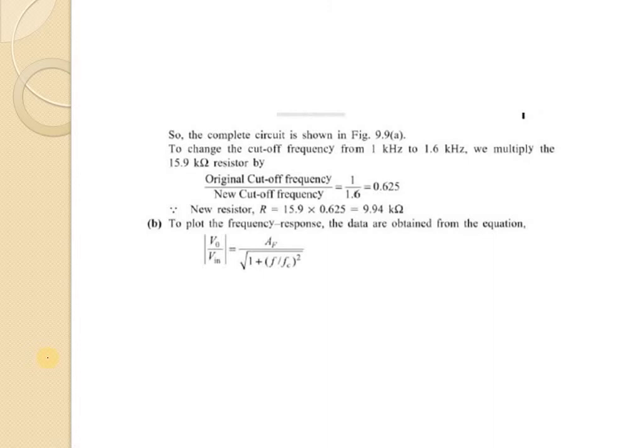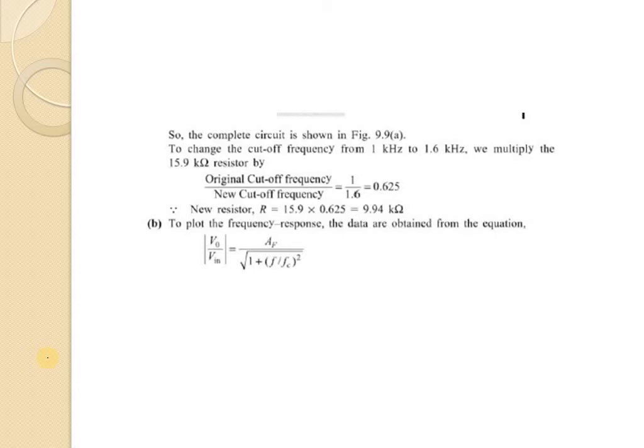Now we will change the cutoff frequency from 1 kHz to 1.6 kHz. So we have to multiply the 15.9 kilo ohm resistor by the frequency scaling, that is 1 by 1.6, that is 0.625.